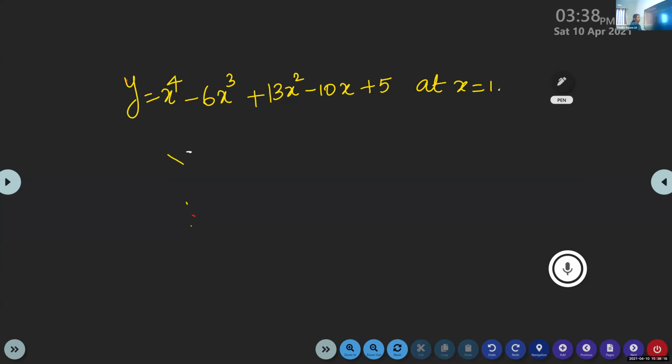Only the x value is given, isn't it? The y value is not given. Now read the question.